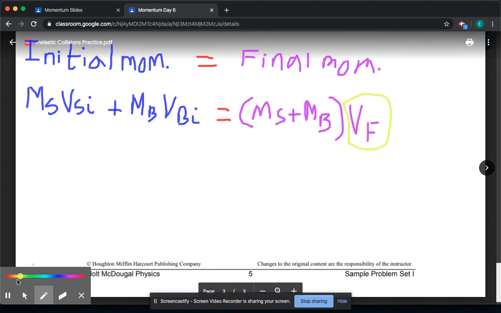If I do that, my final equation is VF, and I'm going to try to write small because I'm running out of space here.